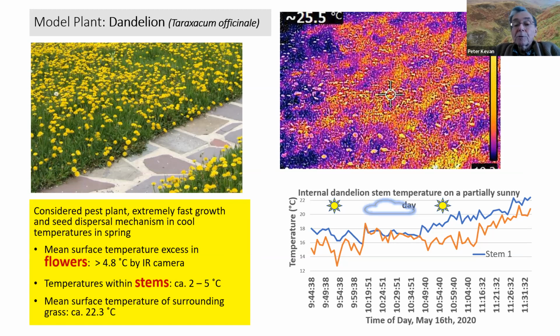So again, the same sort of thing, but the condition is abolished, as the graph shows, during cloudy periods or at night. So interesting thing from a point of view of weed scientists and the rapid growth and maturation of dandelions in the early summer. Next slide.